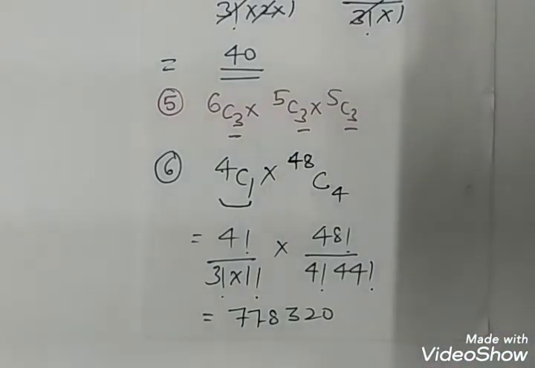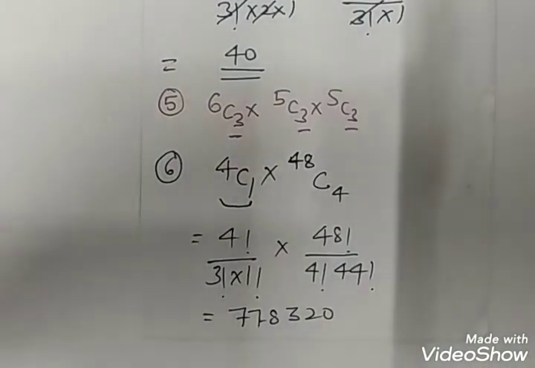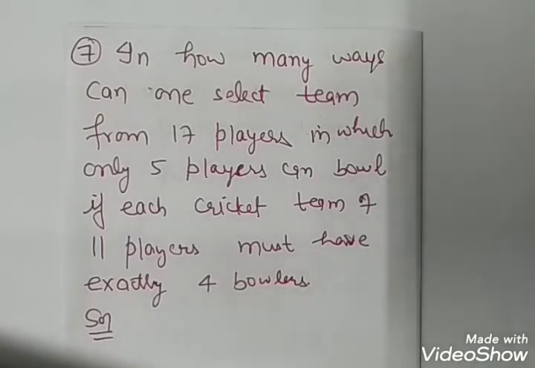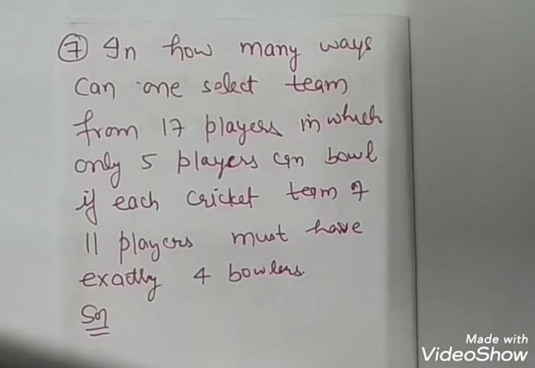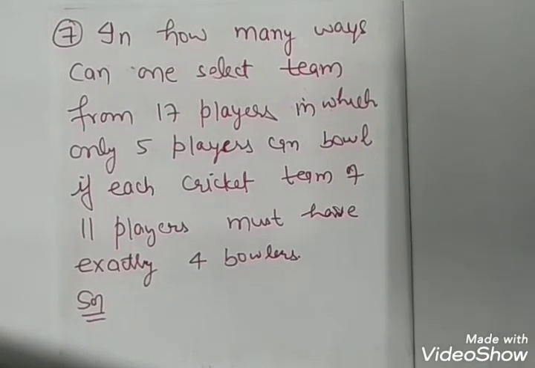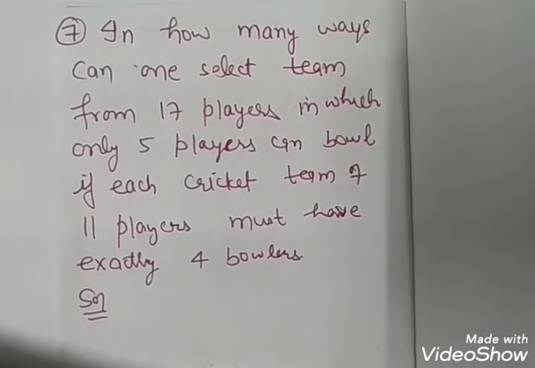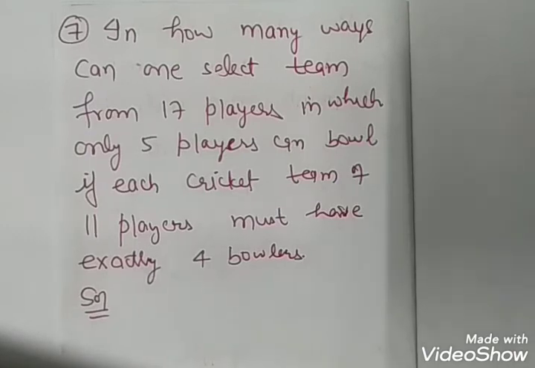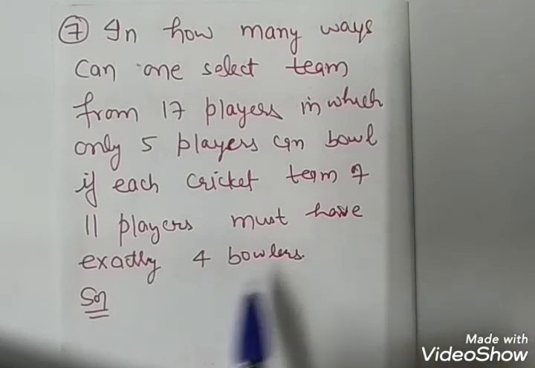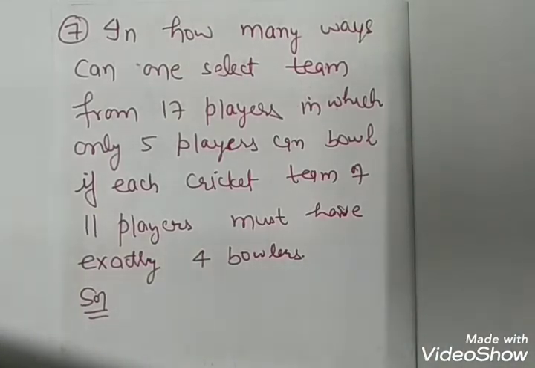Now we are left with 3 more questions. Let us start with the seventh one. Now the seventh question says, in how many ways one can select a team of 11 players from 17 players, out of which 5 players can bowl, if the cricket team requires 11 players and 4 bowlers must be there in a team.